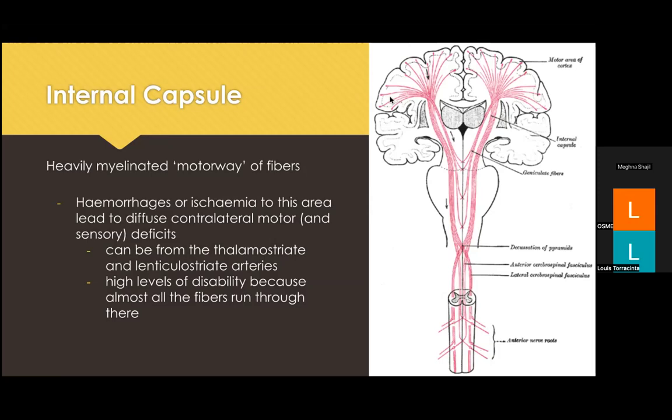Whereas if you have just, say, ischemia or hemorrhage in the very distal cortical part, you're only going to have pathology, say, in your hand. So the important aspect to remember is the internal capsule has basically all the fibers in a very close bunch. And so if you get typically hemorrhage or ischemia to this area, it really has diffuse contralateral, because it crosses over, motor and/or sensory deficits.